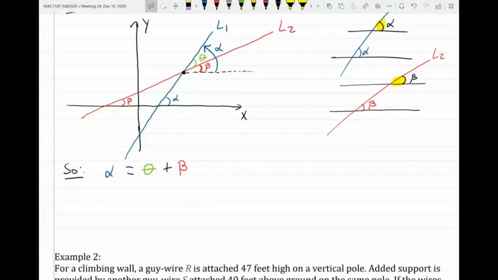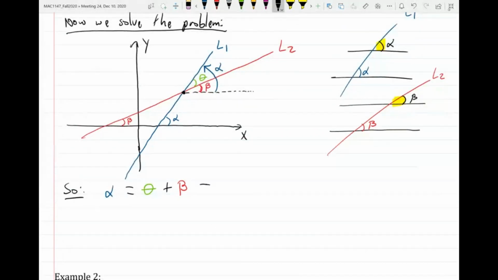So if alpha is theta plus beta, then it follows that theta is alpha minus beta. Now we want to know what tangent of theta is, that's the formula we're trying to verify. So taking tangent on both sides, we get that tangent of theta equals tangent of alpha minus beta.